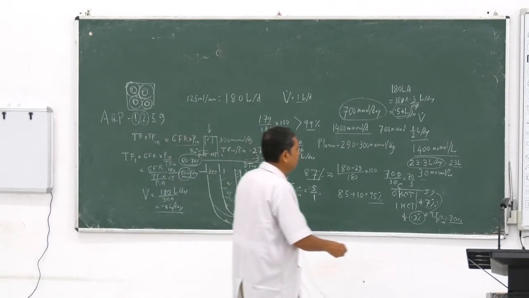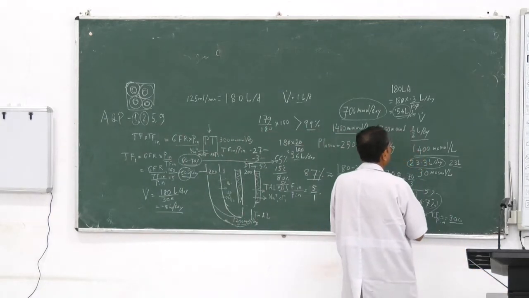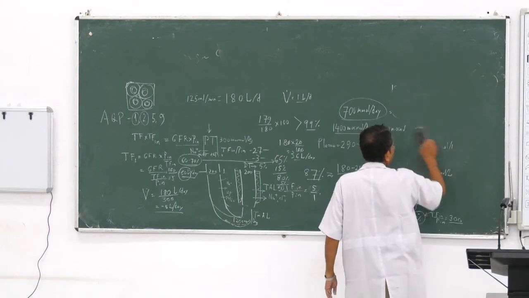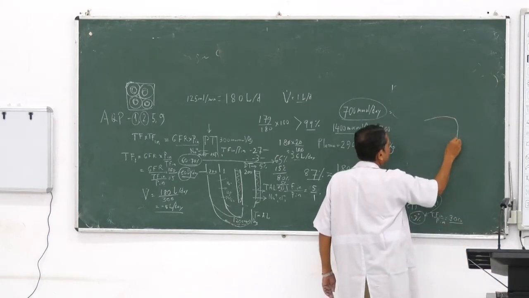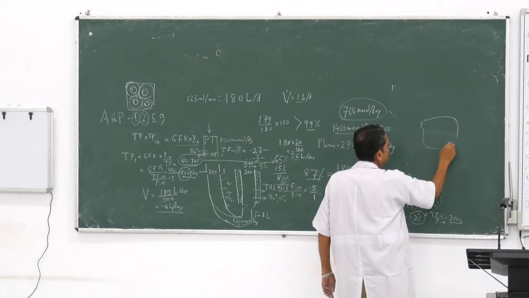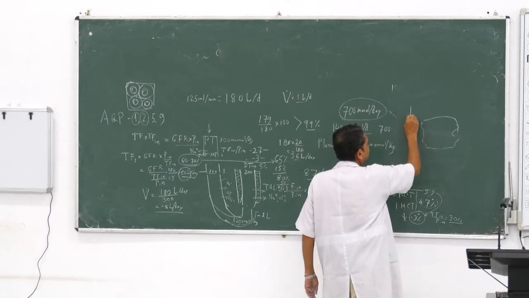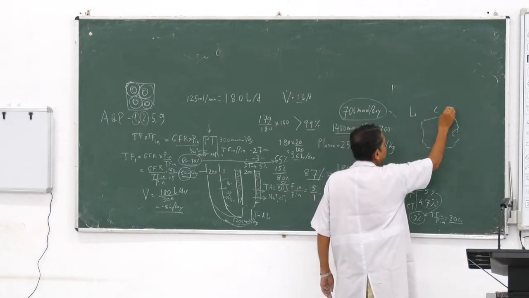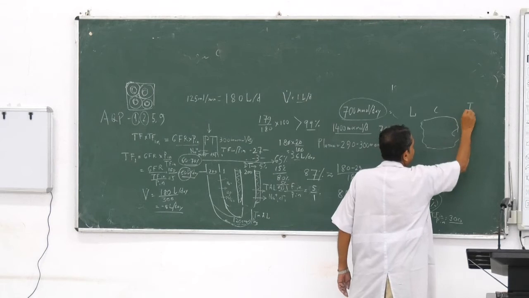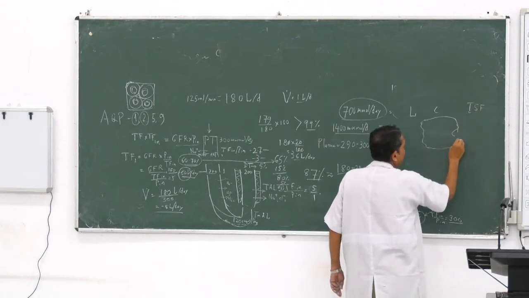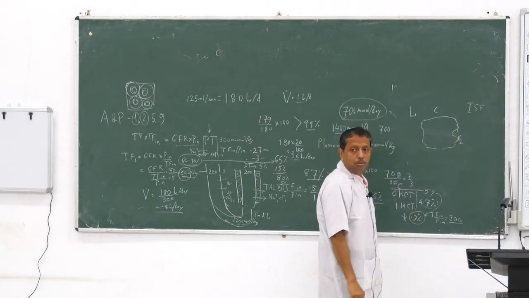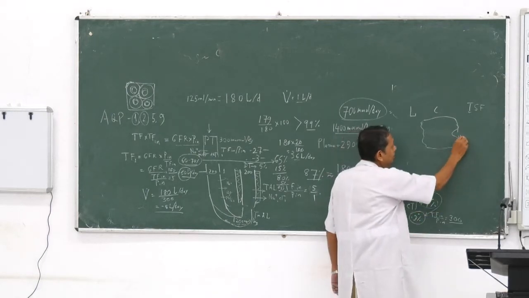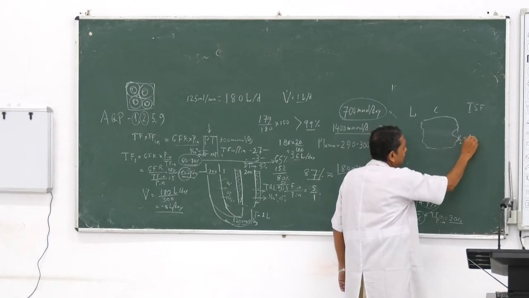Suppose these are the vesicles in the cell. This is the luminal side, this is the cellular side, and this is the interstitial side. And there are the V2 receptors over which this vasopressin or ADH has its effect.